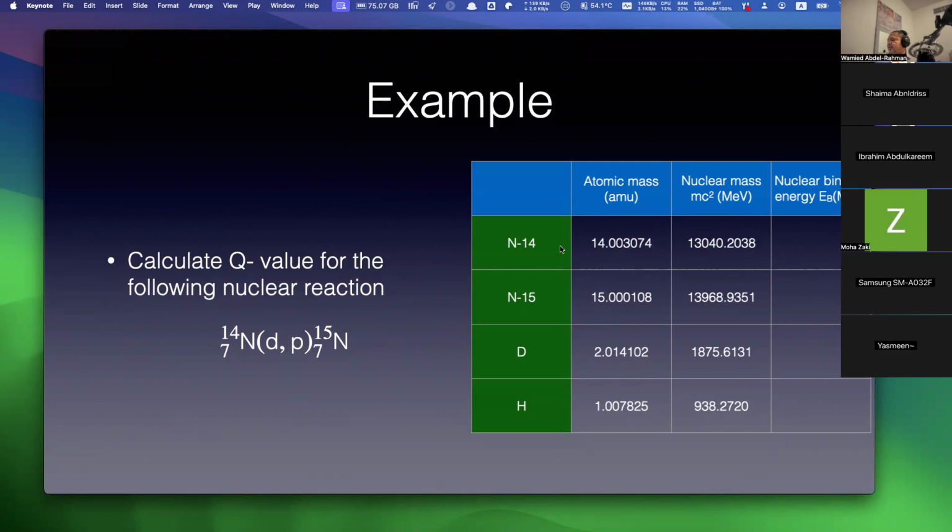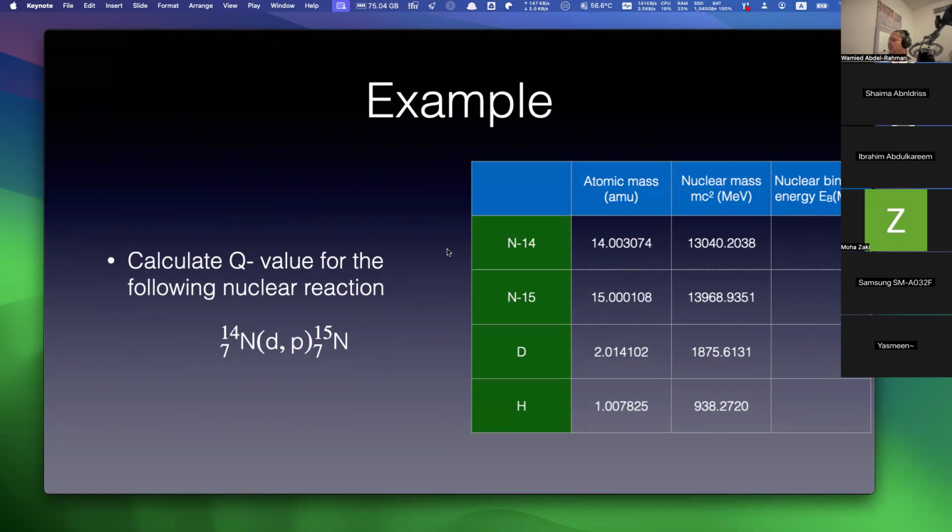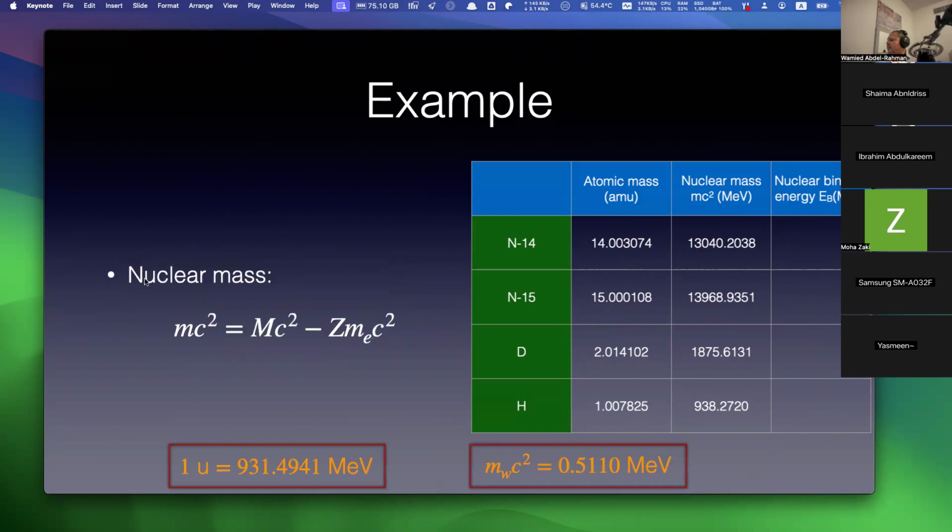But in an atom, we have the nucleus, and we also have the electrons. So in order to use this equation, we need the masses of the nucleus. So we first need to calculate the mass of the nucleus. To calculate the nuclear masses, the nuclear mass equals the atomic mass minus Z times the mass of the electron, where Z is the number of electrons in the atom.